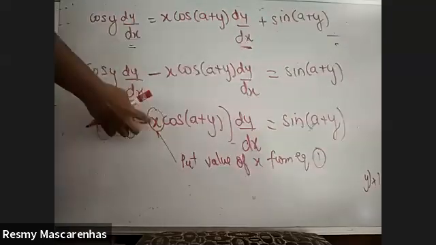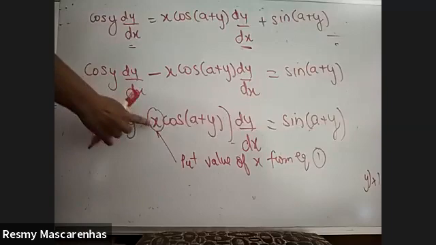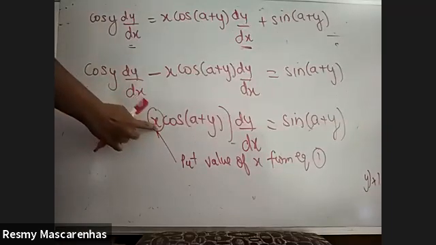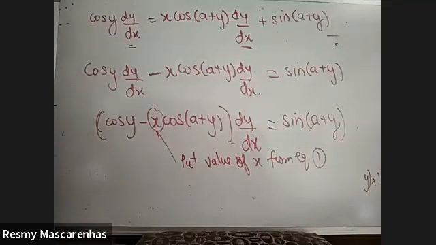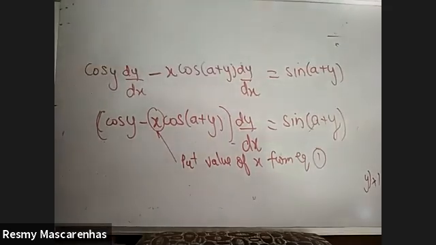So instead of x, put equation 1 and then cross multiply.